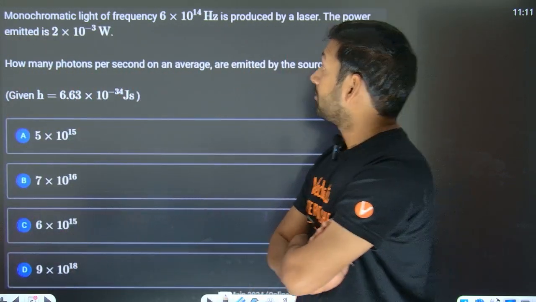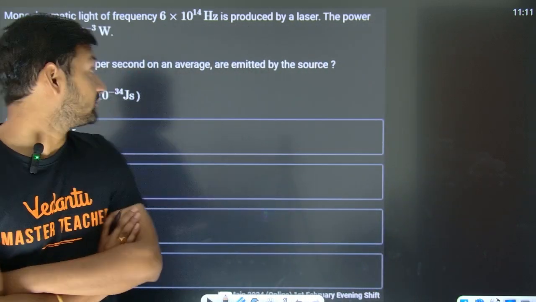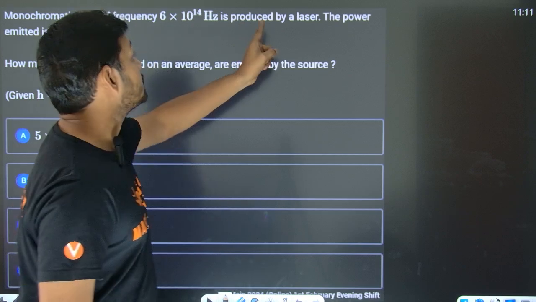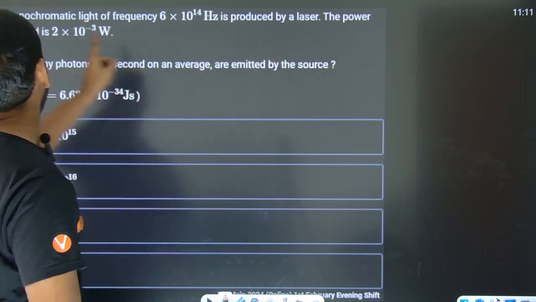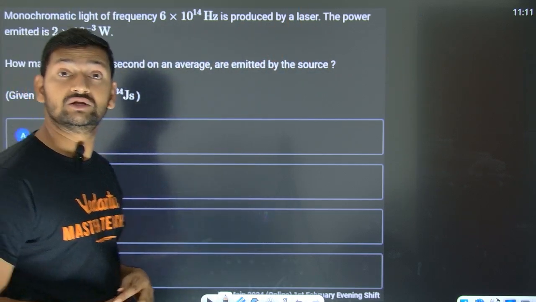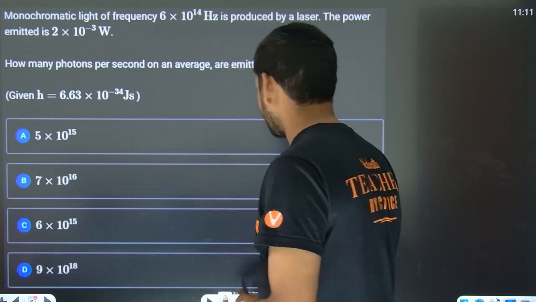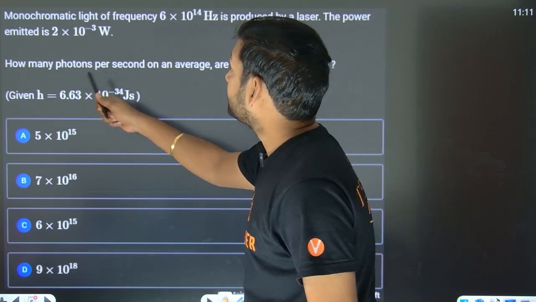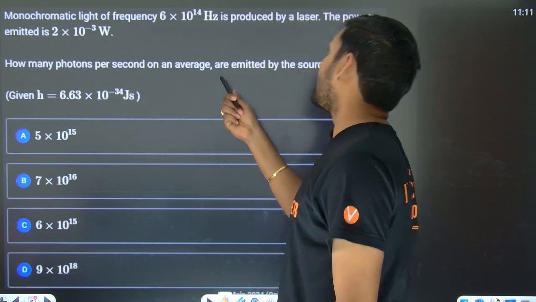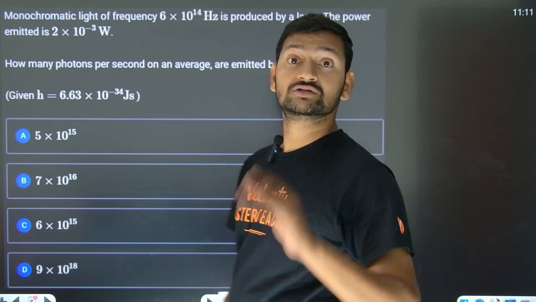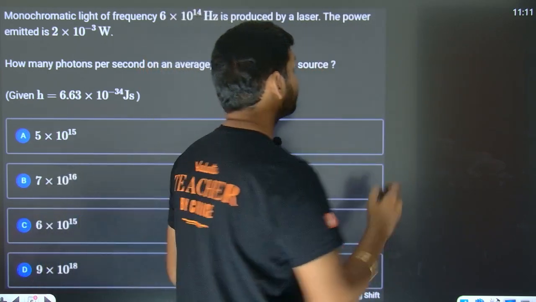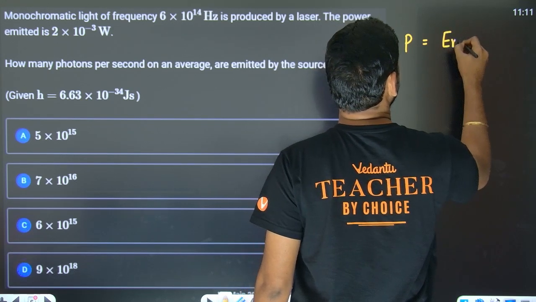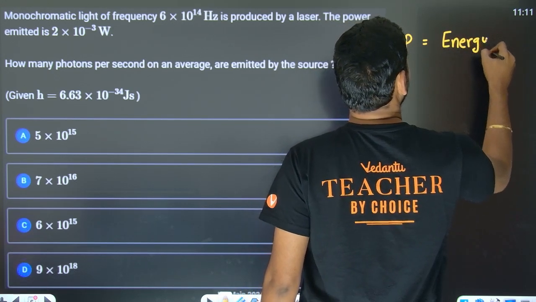Look at the question. Monochromatic light of frequency 6 into 10 to the power 14 hertz is produced by a laser. The power emitted is 2 into 10 to the power minus 3. How many photons per second on an average are emitted by this source? They gave the power. We know that power is going to be energy divided by time.